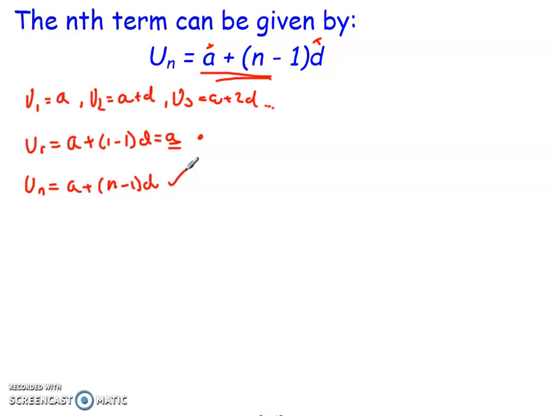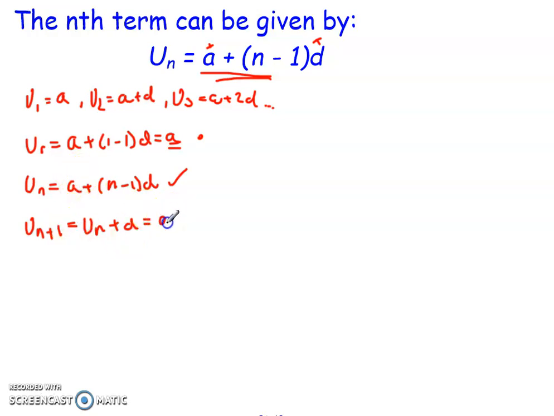If we can now prove it works for the next term, we know this is how the nth term can be given. So let's imagine then, I want to look at the next term, u(n+1). Well, I know u(n+1) is going to be equal to my u(n) plus this common difference d. So it's going to be equal to the previous term plus whatever the d is.